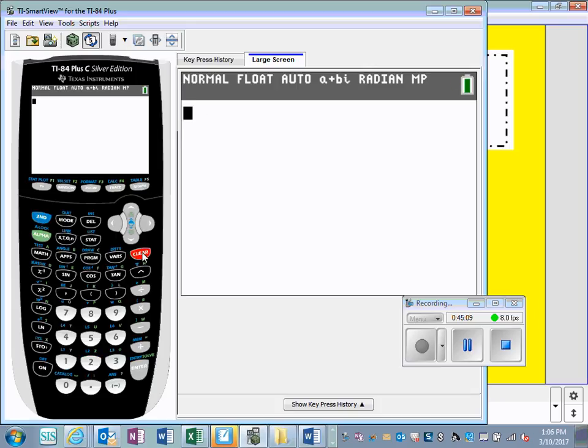Second ln gives you e to the power of. Found it? All right.